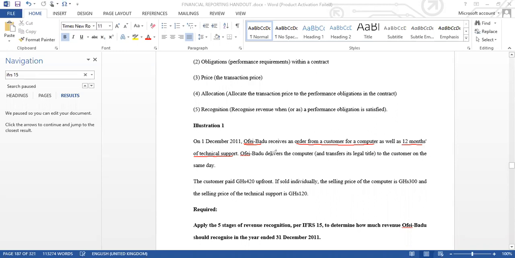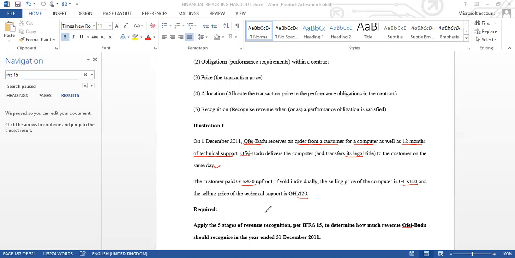Febedu delivers the computer and transfers its legal title to the customer on the same day. The customer paid $420 upfront. If sold individually, the selling price of the computer is $300, and the selling price of the technical support is $120. That makes the $420.